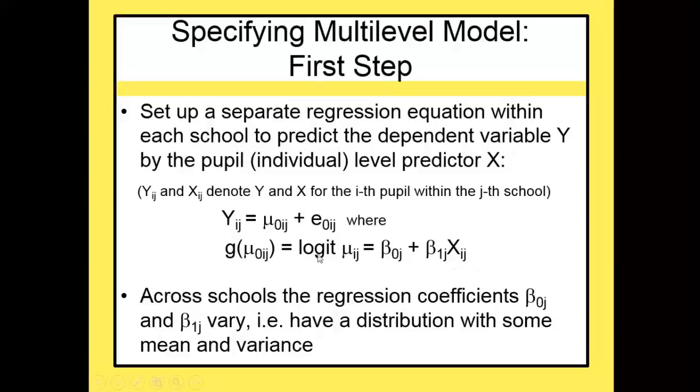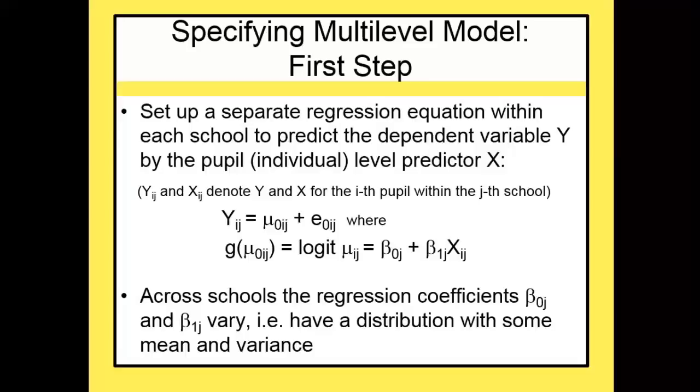And if it's a model for the individual, then the coefficients in this model, the intercept is going to be beta 0j, because beta 0j depends upon the Jth school. So the observation on the ith individual for the Jth school is going to have an intercept and the slope, if we're just considering a simple linear model there.